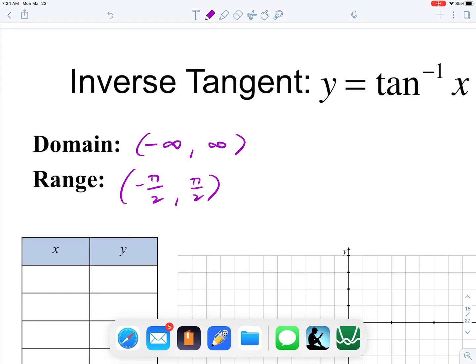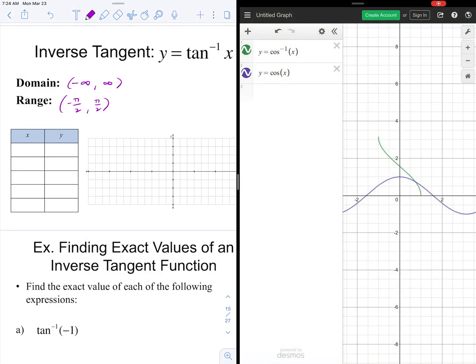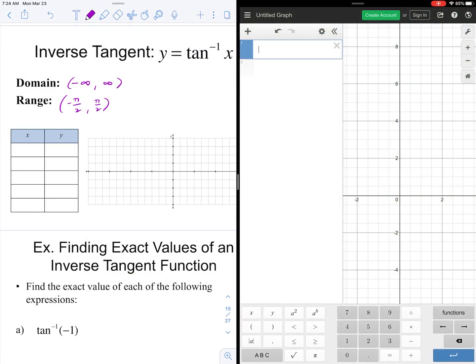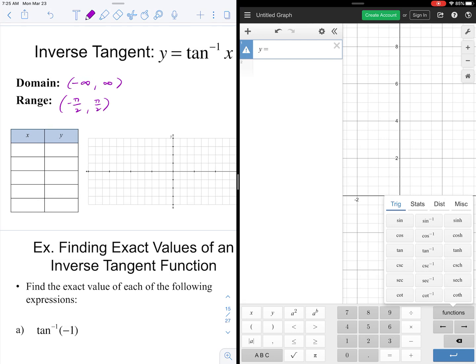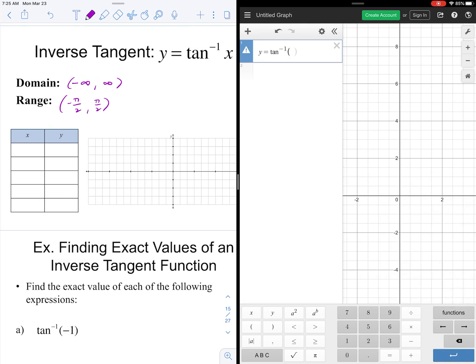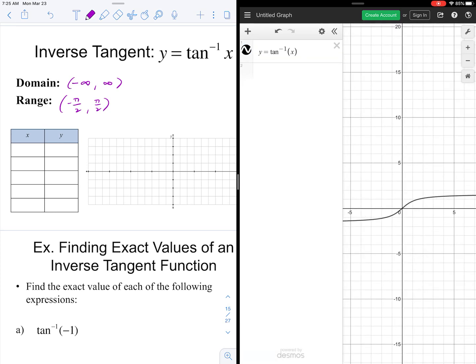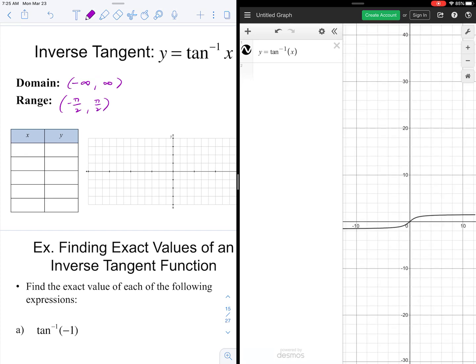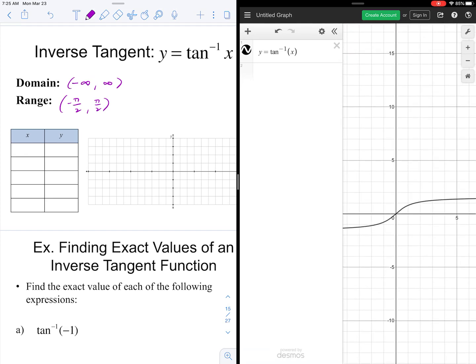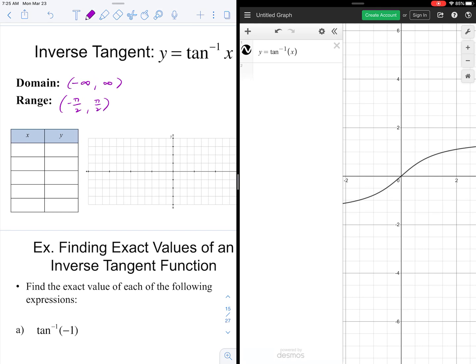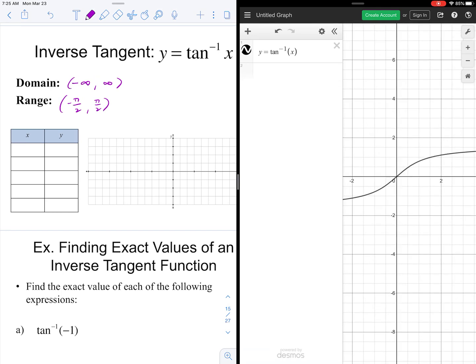So you could pick values to find points for the graph. I'm not going to have you guys be graphing the inverse trig functions. If it helps you with understanding them, it's fine. You can figure out what they look like. But the domain is negative infinity to positive infinity, right? So this graph is actually continuous, and then its range is negative pi over 2 to pi over 2.